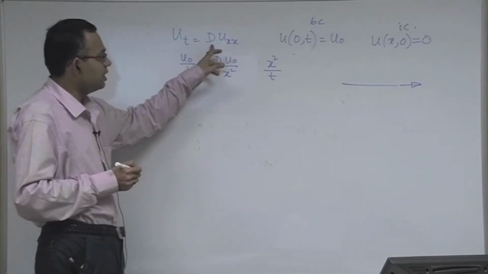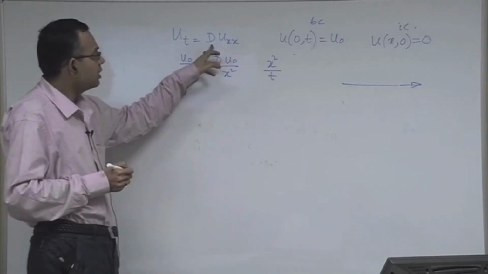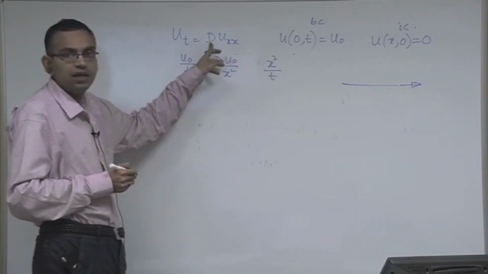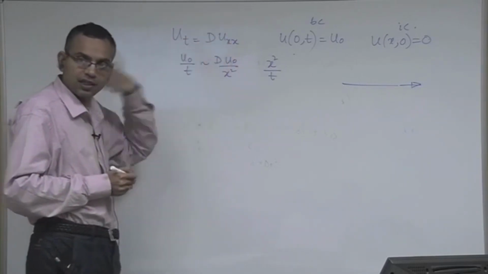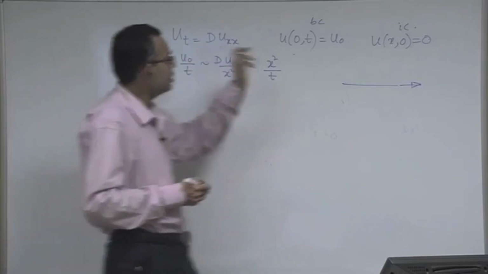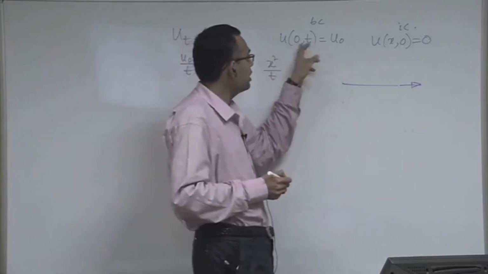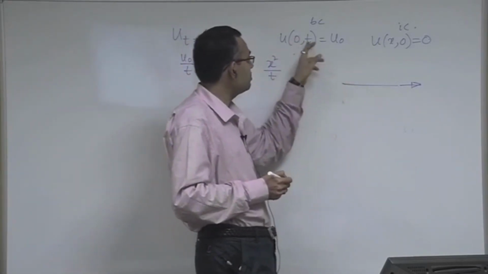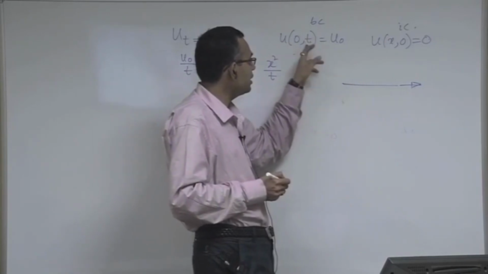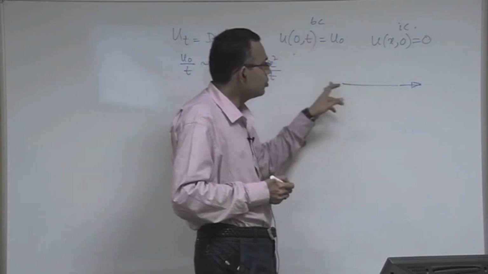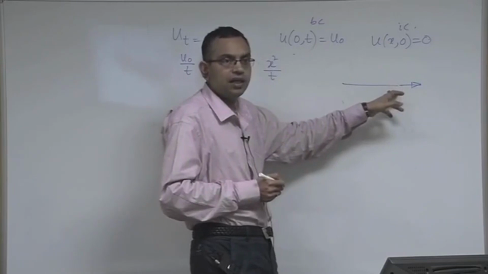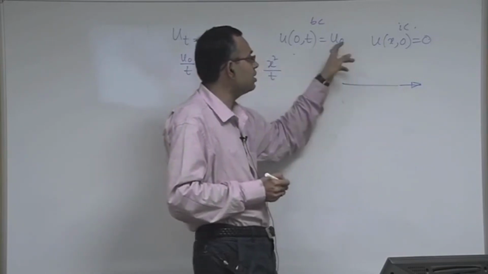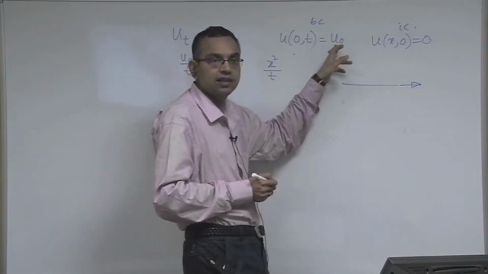Just if you replace d with nu, the problem is essentially the same, and the boundary condition at x equal to 0 at time t, where you impulsively move the plate with a velocity u0, is here a concentration c0.